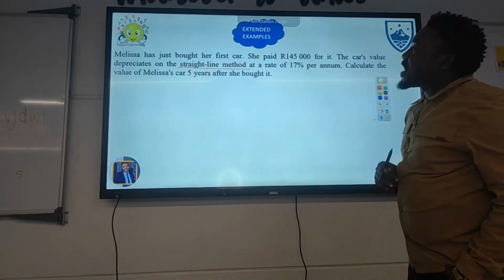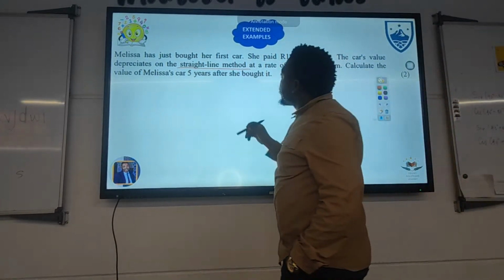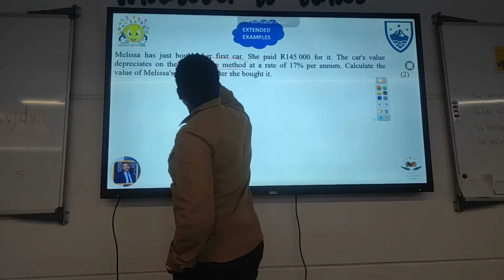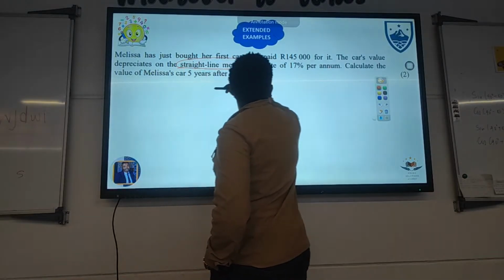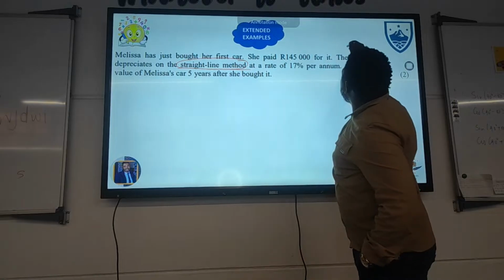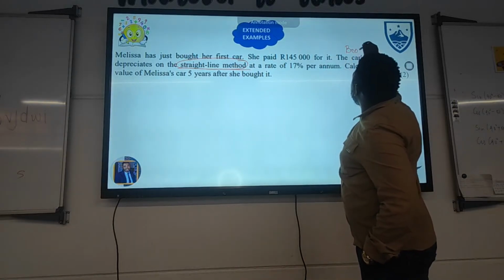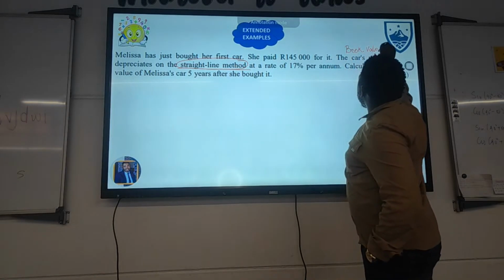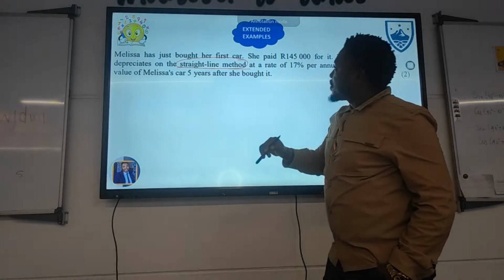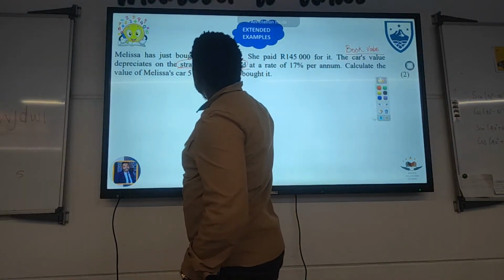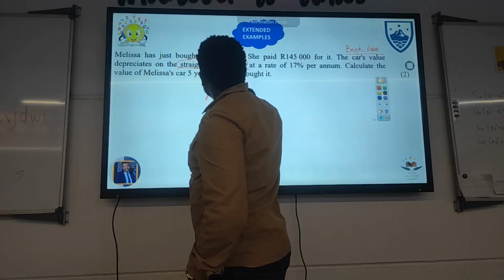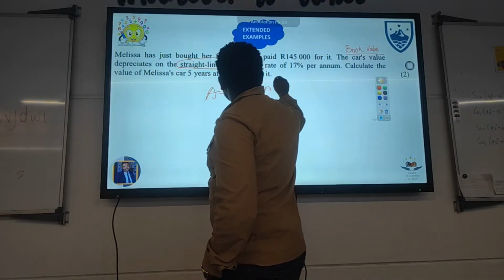Calculate the value of Melissa's car after 5 years, but because, remember, we're looking for a value, the car's value, this is the book value. So it will be reduced. So it means A will be equal to P(1 minus in). Why?